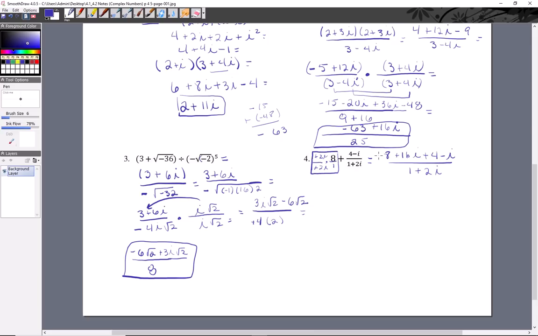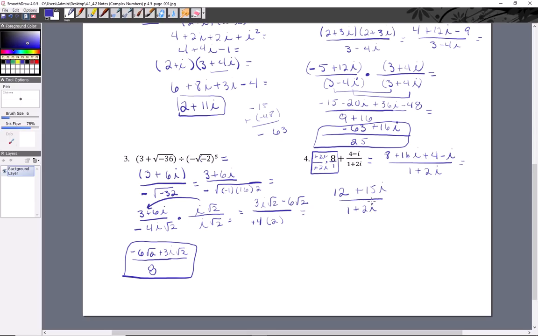Right, all of this became these first two terms here. And here's your other two terms, and here's your common denominator. So let's see what we can put together. 8 plus 4, that's 12. 16i minus i is plus 15i, and that'll be over 1 plus 2i.